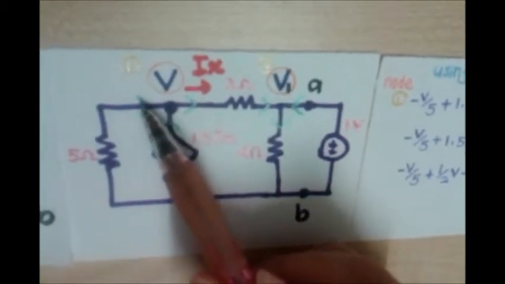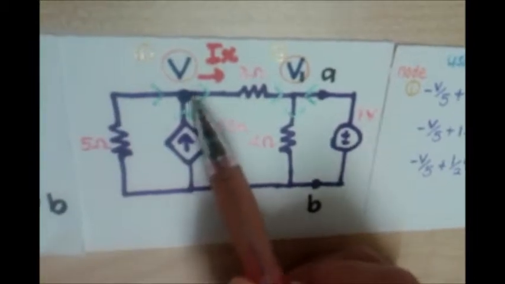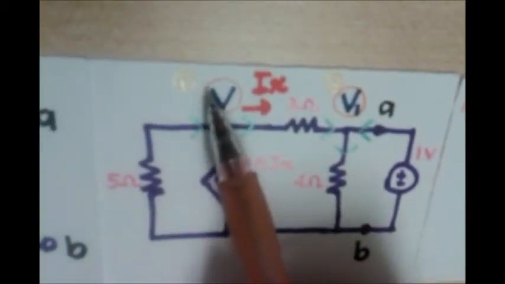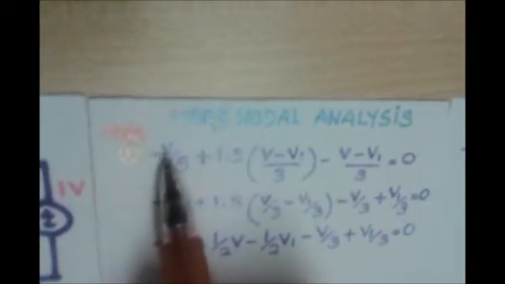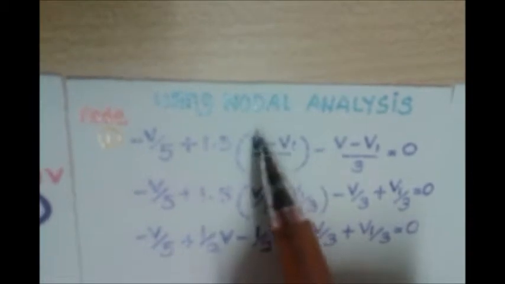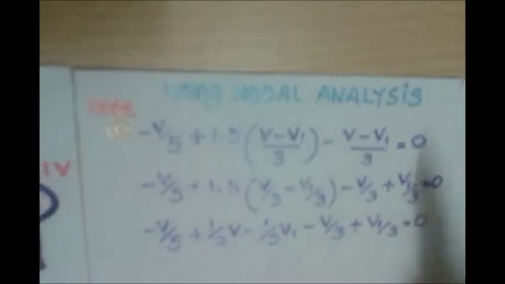And then we set the direction of the current, and we can get the equation like this. For the first node, at V, the equation will be negative V over 5 plus 1 over 5 times V minus V1 over 3, minus V minus V1 over 3, equal to 0.